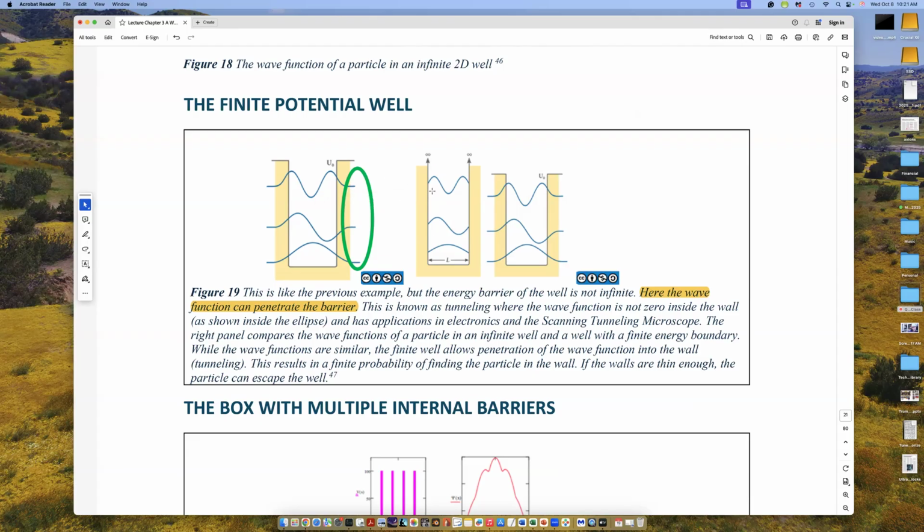Here's another way to look at it. This is the infinite well, and the electron has no ability to penetrate the walls. But if we make the well not infinitely deep, there's some penetration that can occur. This is called tunneling, and this is used in the design of transistors.